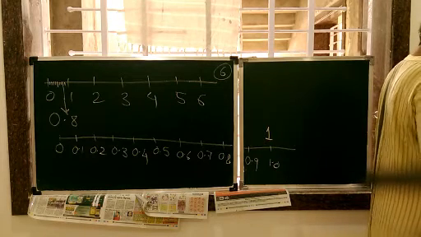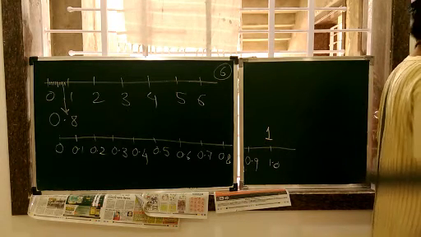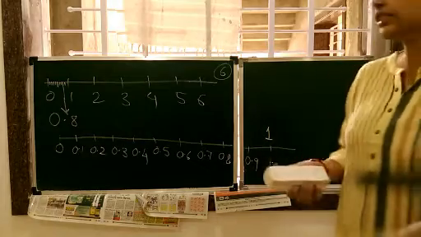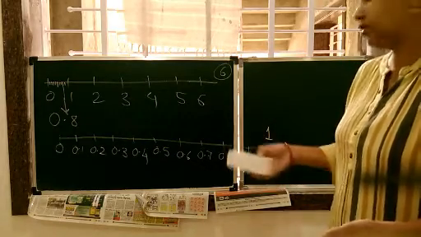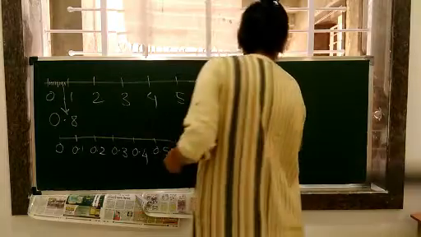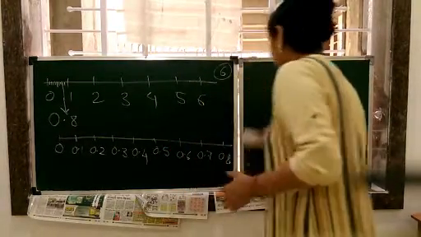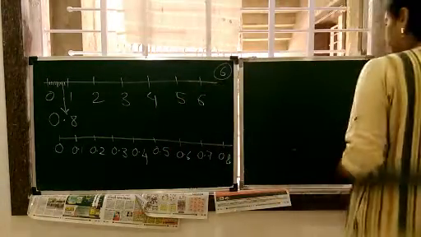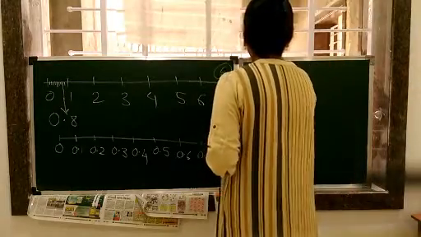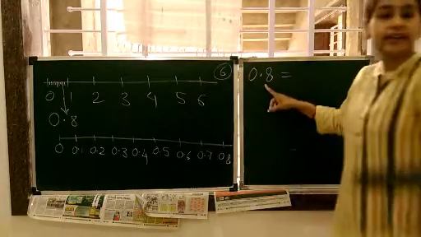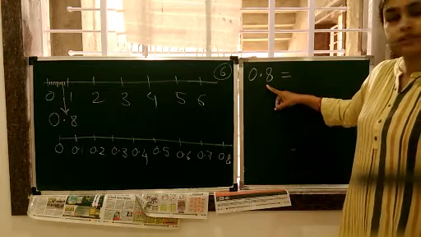Now converting fractions into decimals. How is that possible? Is it possible? Let's see here only. This is 0.8. Can I write this as a fraction? Is it possible?